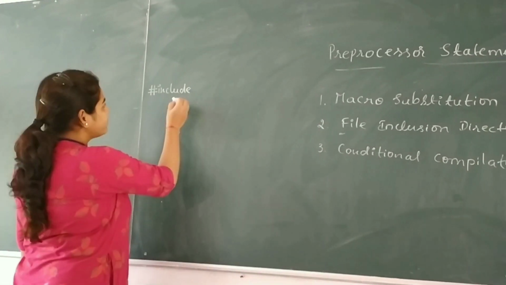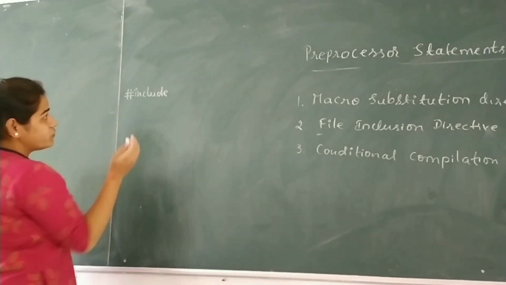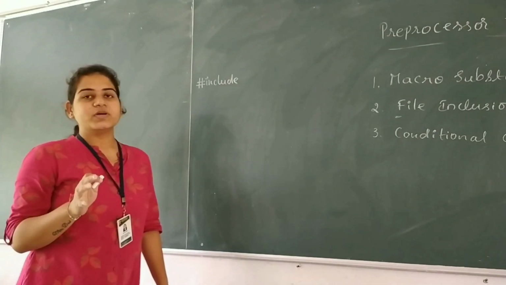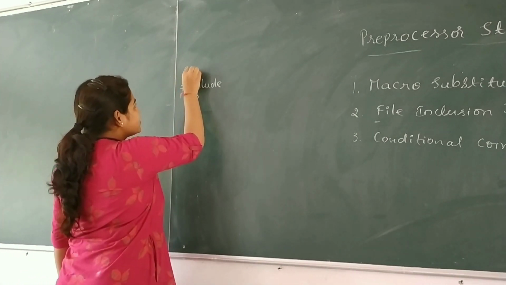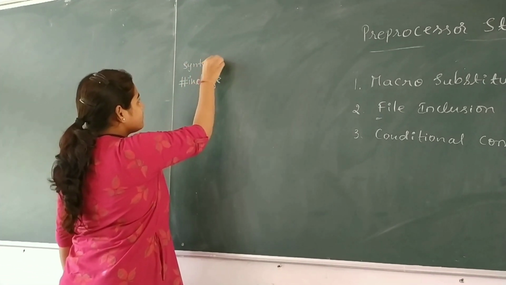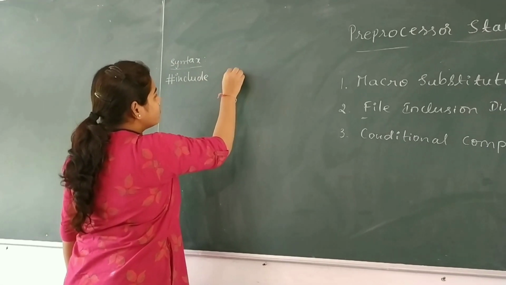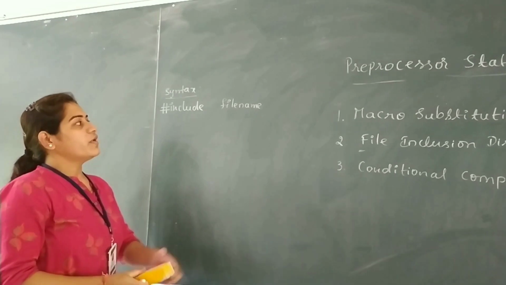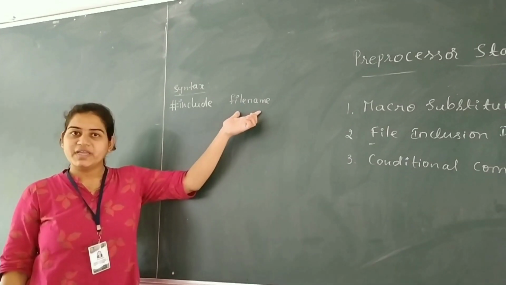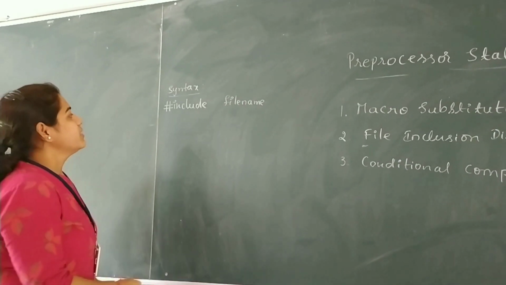Before going to the example, we will see the syntax of the file inclusion directive, that is hash include followed by the file name. Whichever file we want to insert into the main program, we write that name here.